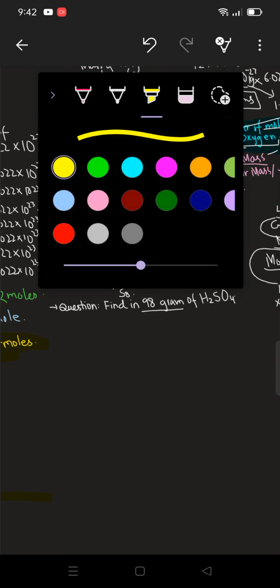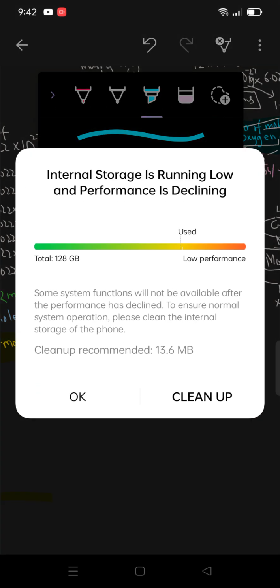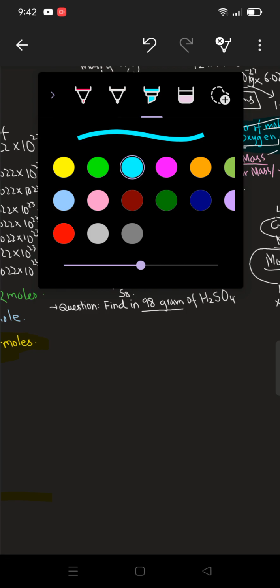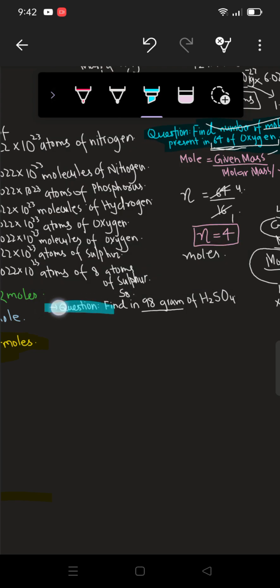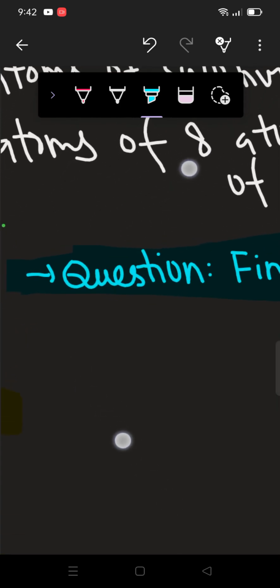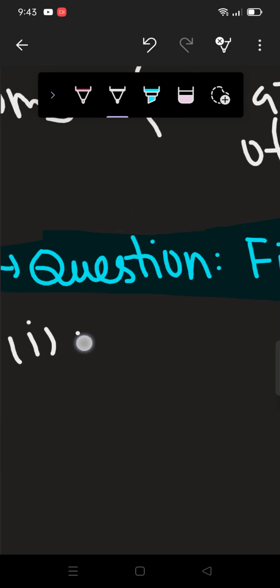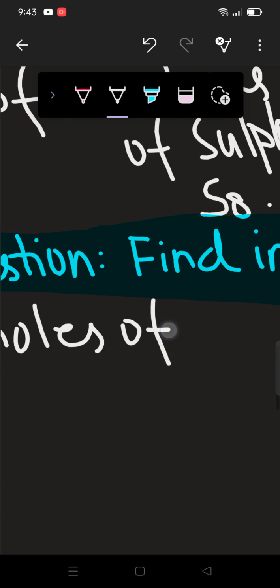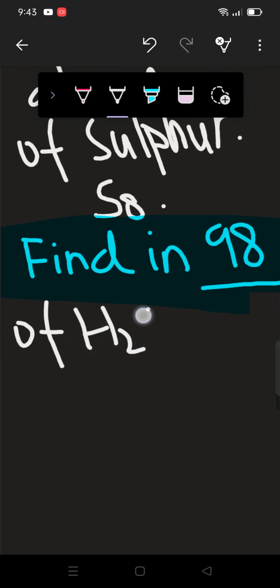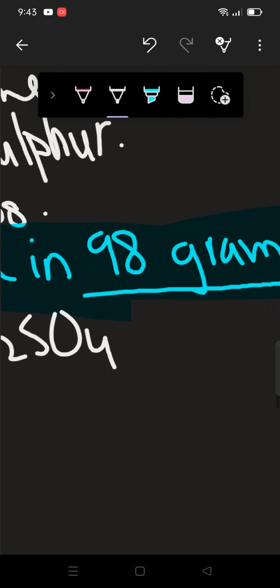I am writing here the question so that we can have a clear idea what we need to find. First one, we need to calculate the moles of H2SO4 molecule.